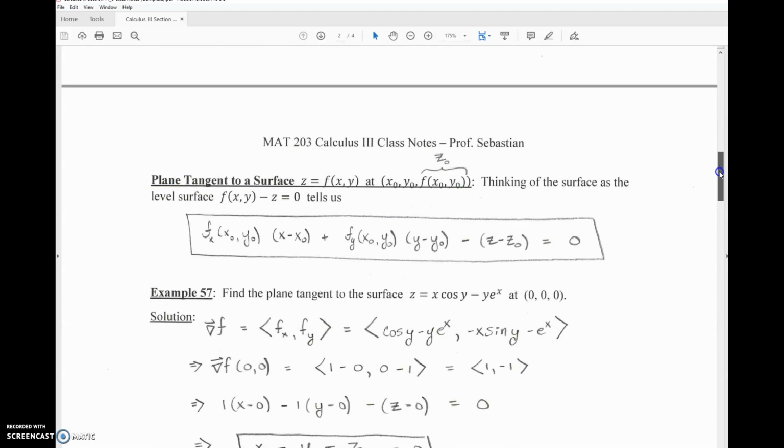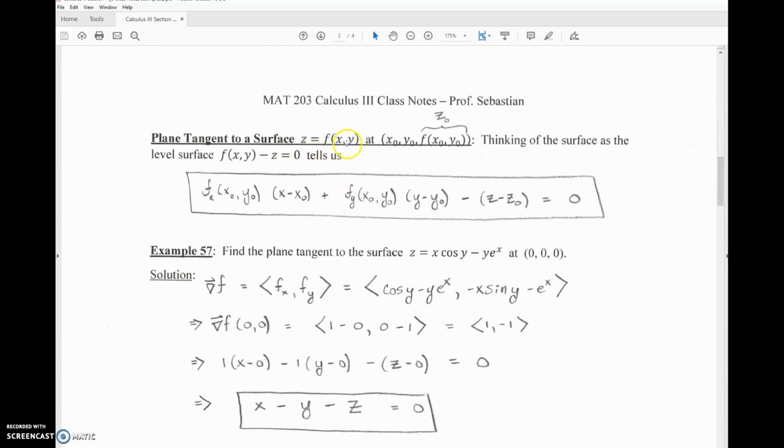So if we just look at any surface, z equals f of x, y, the best way to follow that same equation is to think of z equals f of x, y as f of x, y minus z equals 0. That would mean the partial of f with respect to z will just be minus 1. But this is the same f sub x and this is the same f sub y, so the equation is the same. It's just that we now know our partial of f with respect to z is only minus 1.